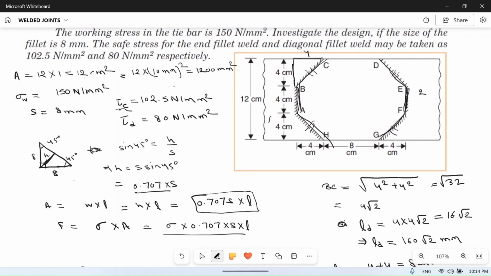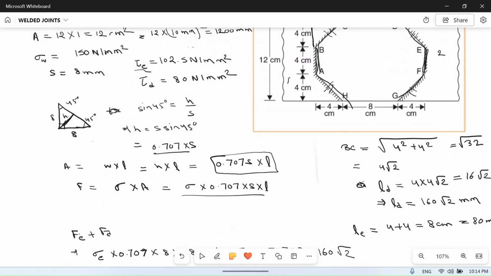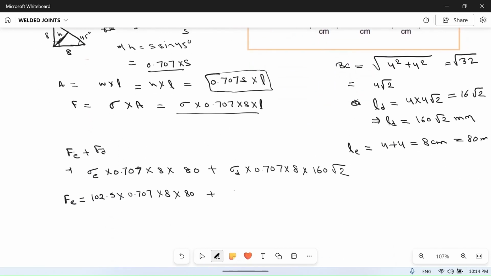We have written it tau here, so we can represent by any symbol. So 102.5 into 0.707 into 8 into 80 plus sigma d is 80 into 0.707 into 8 into 160 root 2.